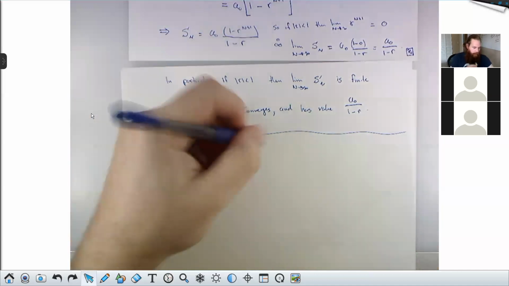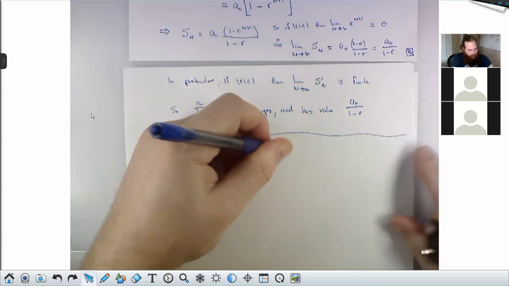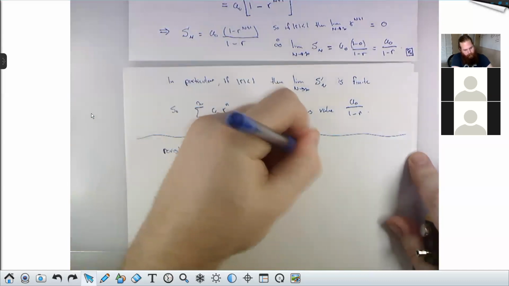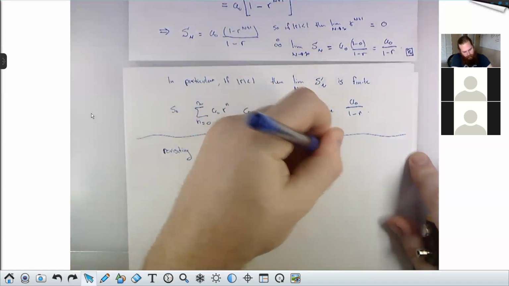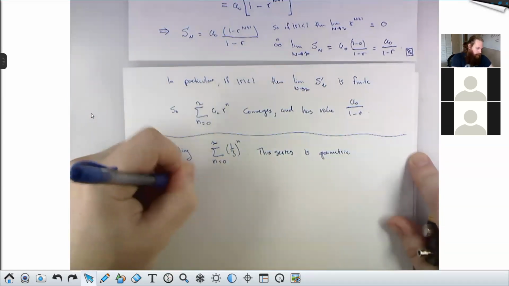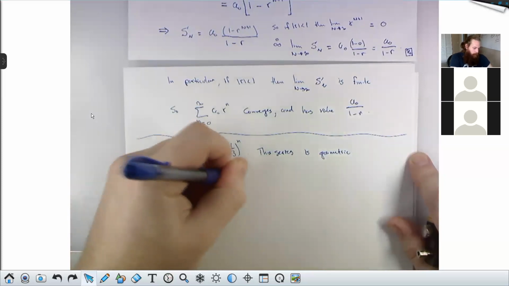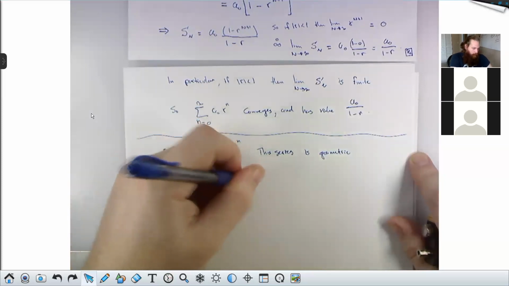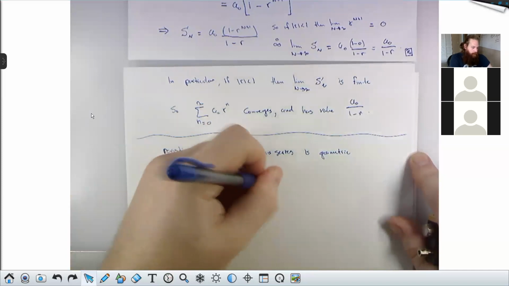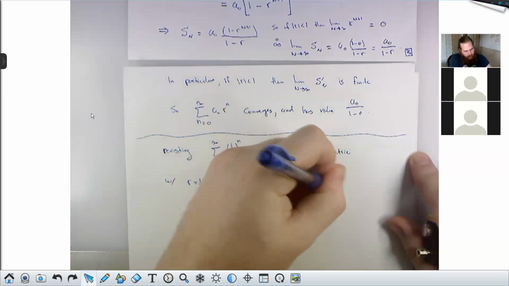This is geometric, with r equal to 1/3. So the absolute value of r is the absolute value of 1/3, which is 1/3, which is less than 1. So the series converges.